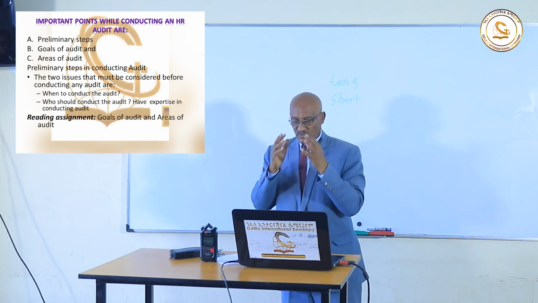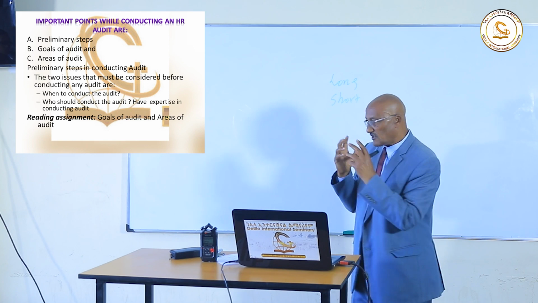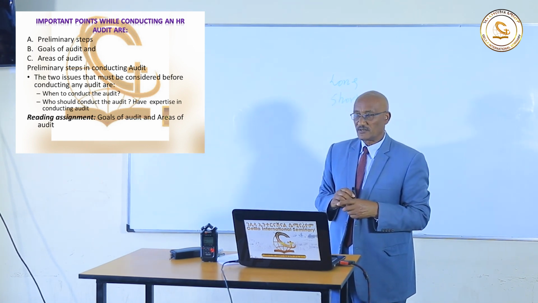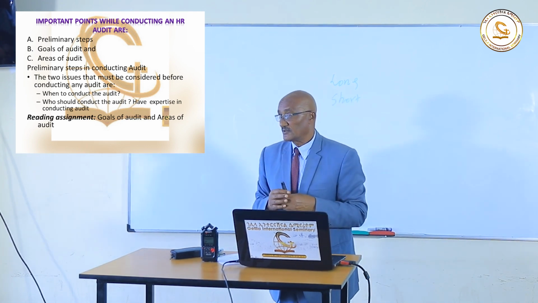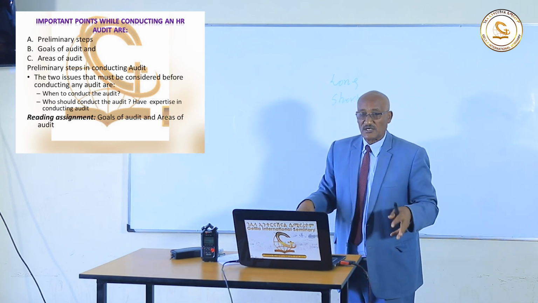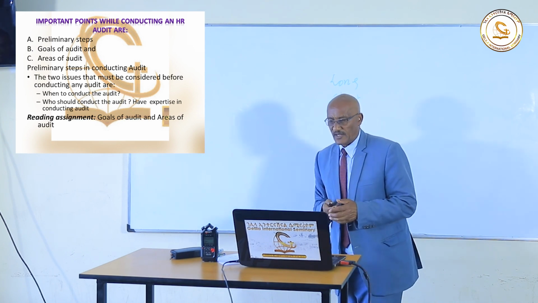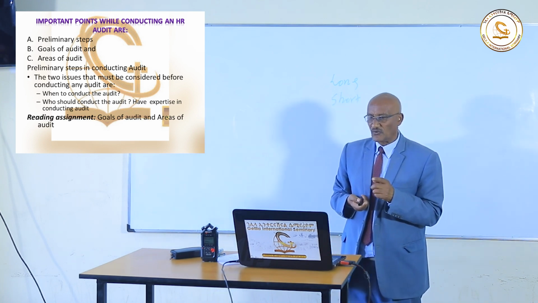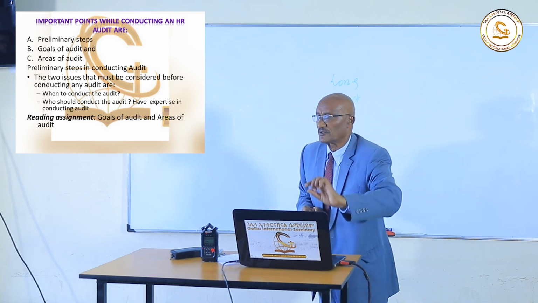Personality, professional skill, communication skill, his knowledge about the work he is doing, his capacity to satisfy the customer, his capacity for handling things in his office. What are the areas? You have to know these things. Again, reading assignment: goals of audit and areas of audit must be clearly known. These three things, read your module more.